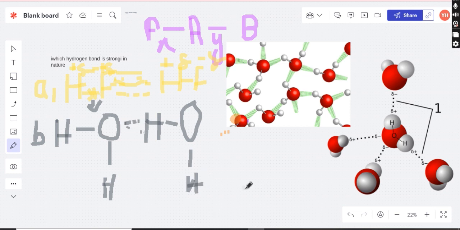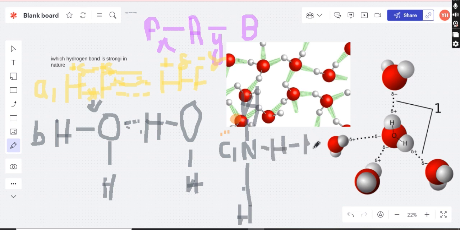And the last molecule, ammonia: N, H, H, then again N, H, H. Here it is covalent, while here it is a hydrogen bond, which I have shown by dotted lines.